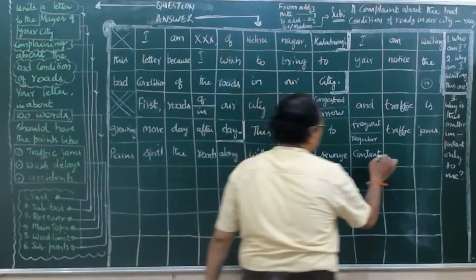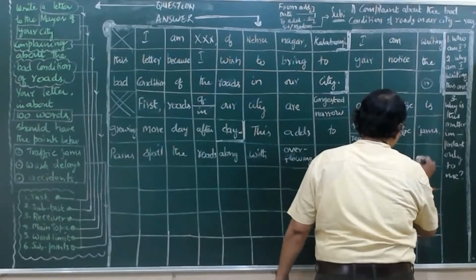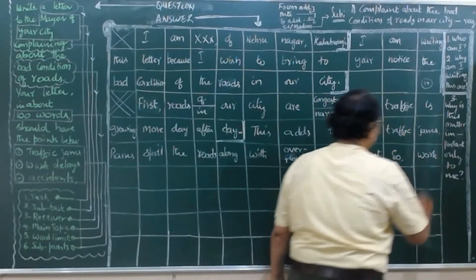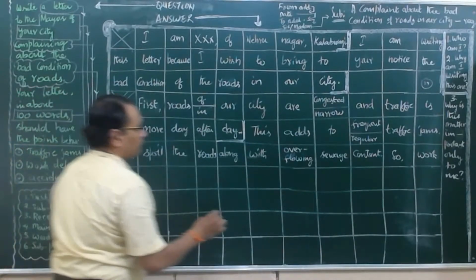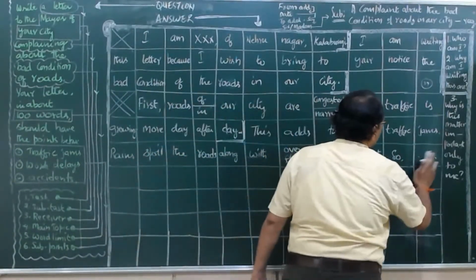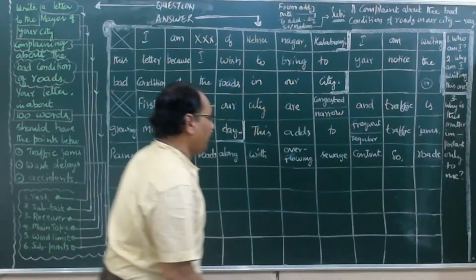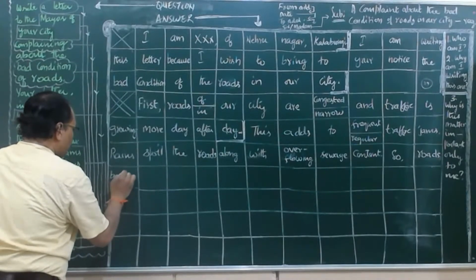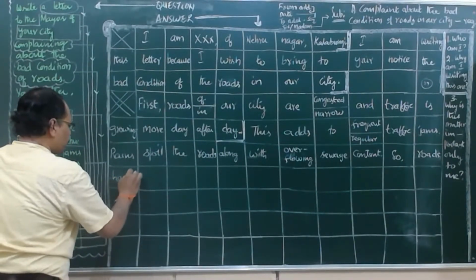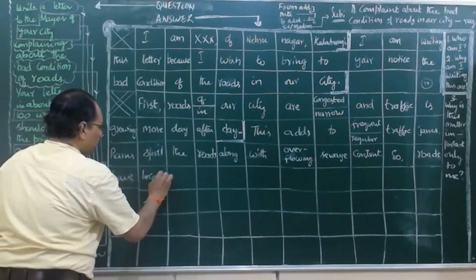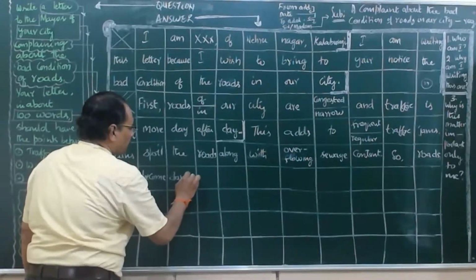So what is the result? Work delays. So roads become, otherwise, roads have become, the present situation, roads have become dangerous.